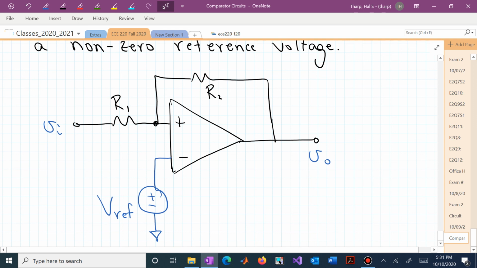So now you would be looking at, oh, V sub P now needs to be bigger than V ref before we go to the positive supply rail, and V sub P needs to be less than V ref, and you could then look at what V sub I needs to be, and you'll see this same hysteresis pattern behavior in this scenario.